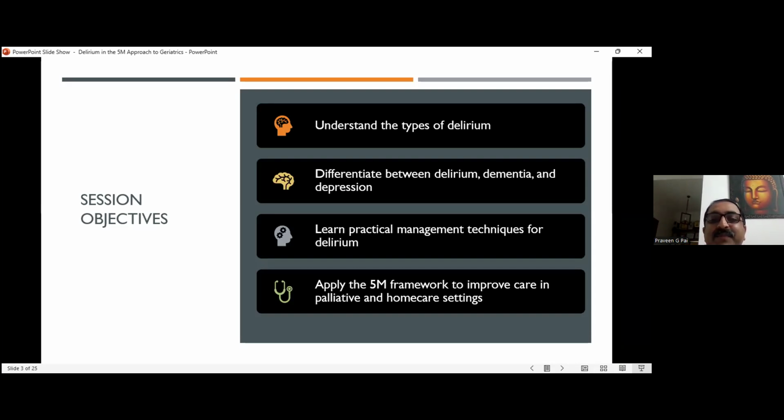Sometimes dementia with depression, dementia with delirium, delirium with depression, so n number of combinations can happen. I have 2 slides on that. Then practical management techniques for delirium, and how we actually apply the 5M framework to improve care, especially in a hospice setting or in a home care setting.